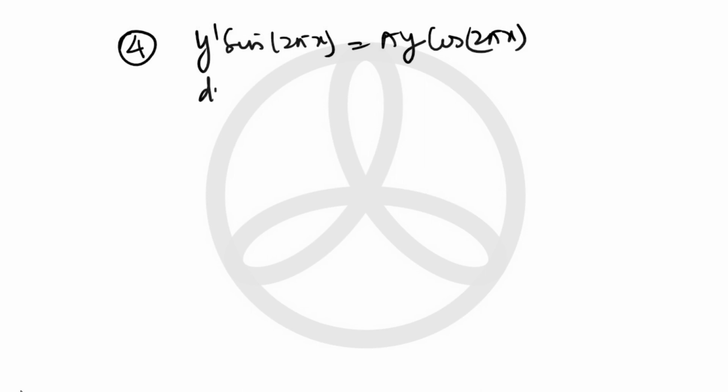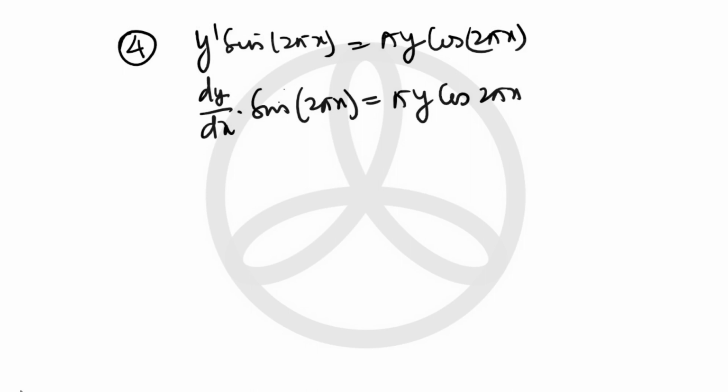So this is actually dy by dx sine 2 pi x is equal to pi y cos 2 pi x.